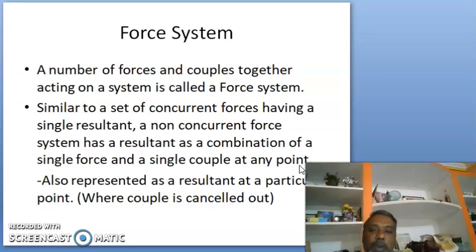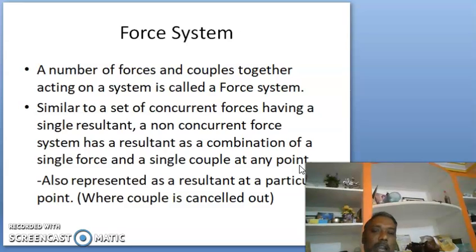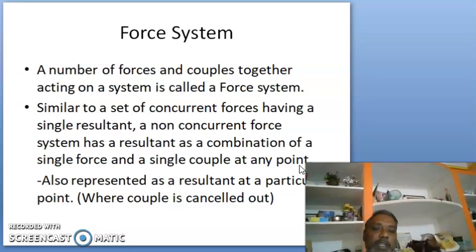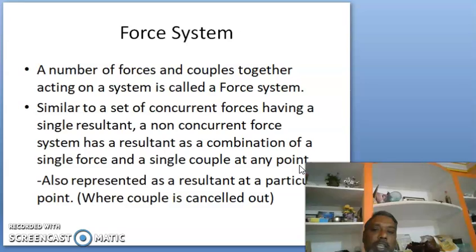So for a given point, there will be a force with a particular magnitude and direction and a couple with a particular magnitude and direction. This can be transferred to any other point also where the couple value changes. It can be brought to a particular point where the couple is cancelled out.